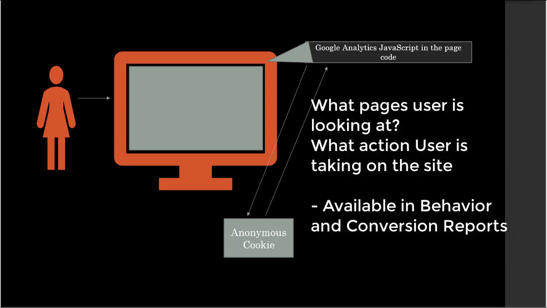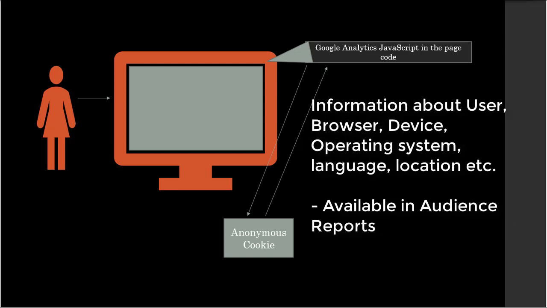It also keeps track of the pages the user is visiting, the actions the user is taking on the site, such as clicking on a button, purchasing a product, completing a transaction, signing up for email, etc. In addition to the user's activity, it also tracks information such as the user's browser, what kind of browser the user is using, such as Chrome, Safari, Internet Explorer, etc. What kind of device the user is using to come to the site, desktop device or a mobile device, as well as operating system and the language that the browser is set to.